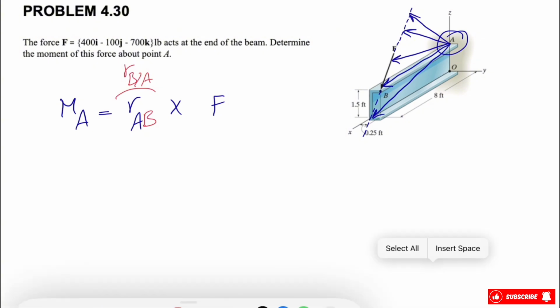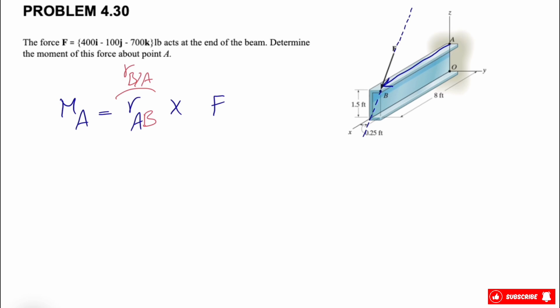So the easiest one in here is just to go with the AB, and for finding that, all we need to do is find the coordinates of first point A. And so if we want to find AB, we simply need the coordinate of B, and we'll subtract A from that point. So basically we are subtracting the starting point from the end point. In here we start at A and the end point is point B.